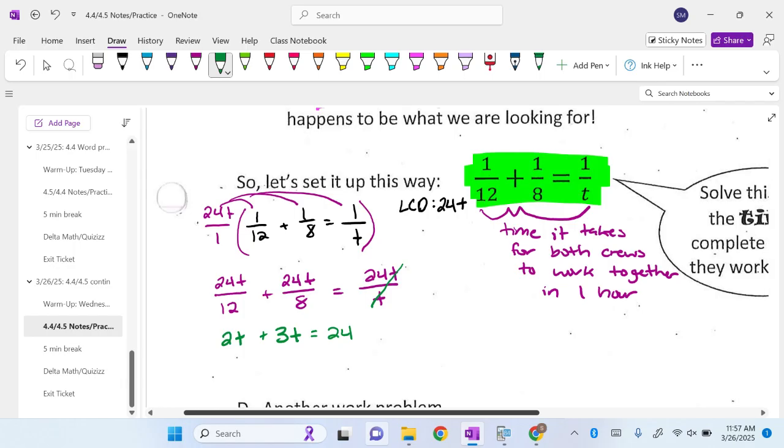Now we have a really simple linear equation. So we combine like terms first. What's 2t plus 3t? 5t is equal to 24. Divide both sides by 5. t is equal to 24 over 5.